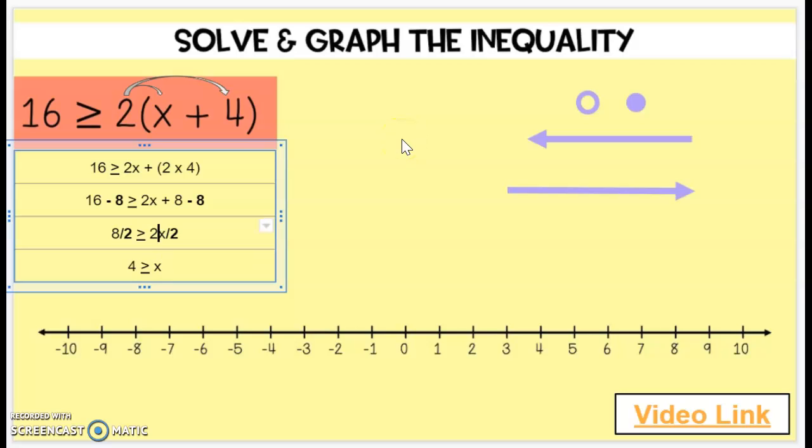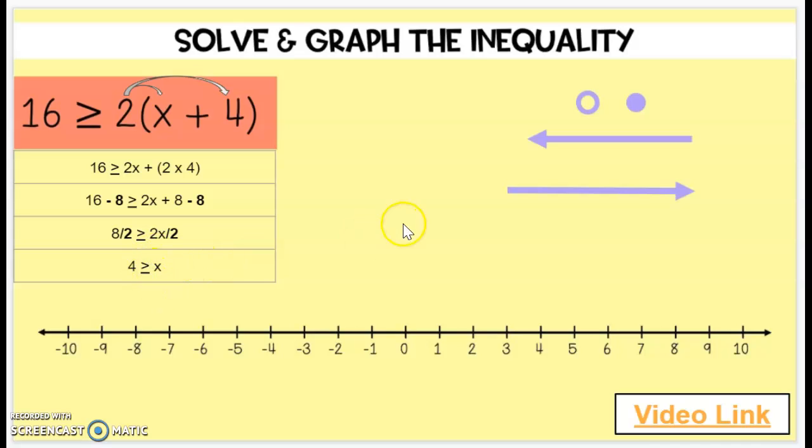Now the reason I'm showing you this tutorial video is because we have something interesting right here. Normally, in all of the problems that I have demonstrated, my variable has been on the left side, and there's something that I keep telling you about the variable being on the left side.